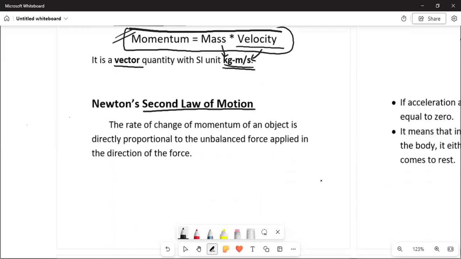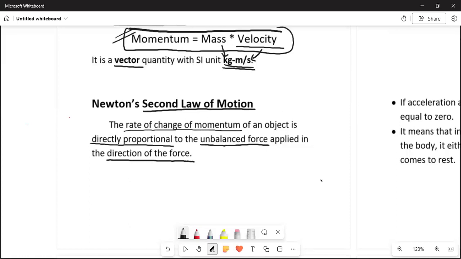Now, see, the rate of change of momentum is directly proportional to the unbalanced force applied in the direction of the force, and the word directly proportional is also equally important.